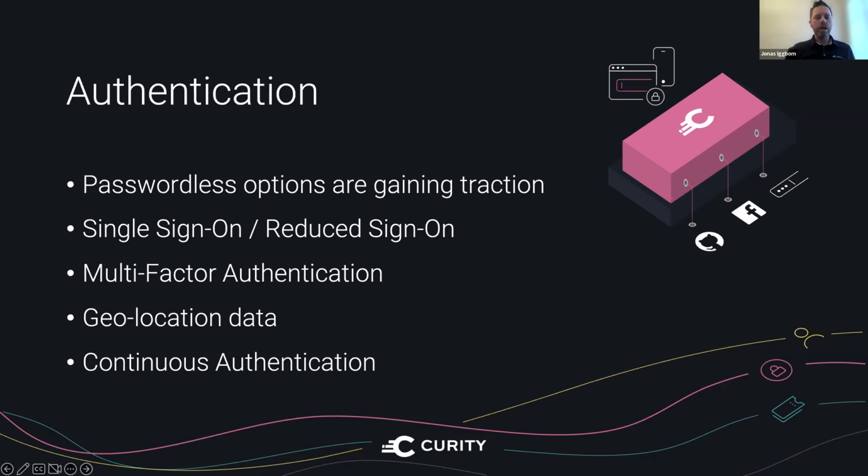There's also the notion of leveraging geolocation data for stronger verification of the identity. There's things like logging in from a net new location, or if you performed an impossible journey, as it's many times called, meaning I logged in from one location and now I'm logging in from a different location, but it's practically impossible for me to travel between those two locations that fast.